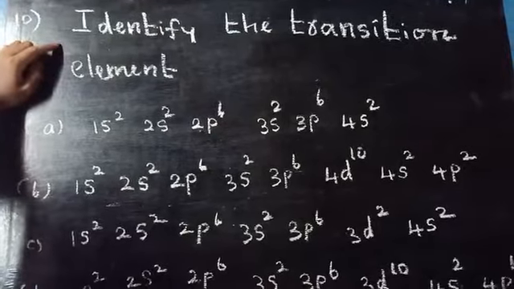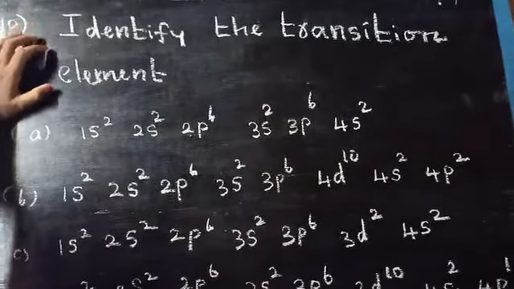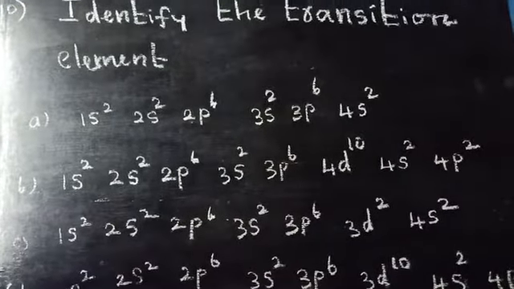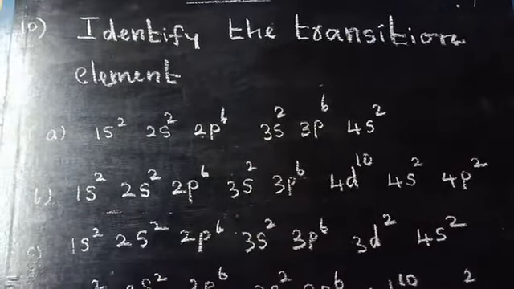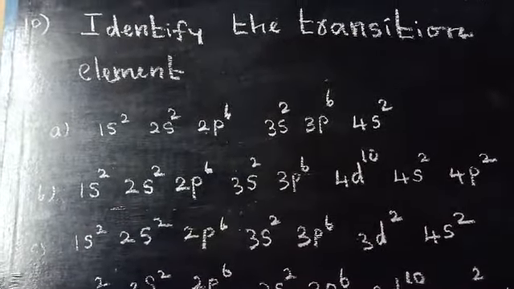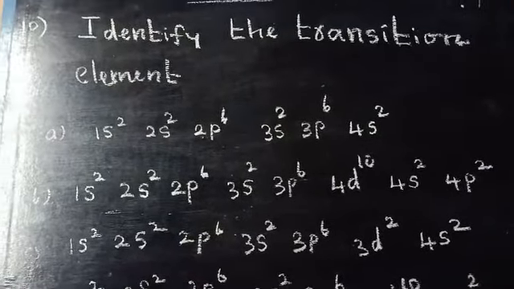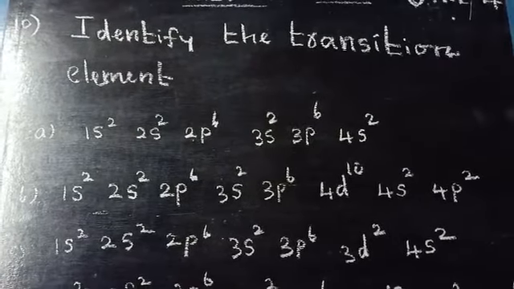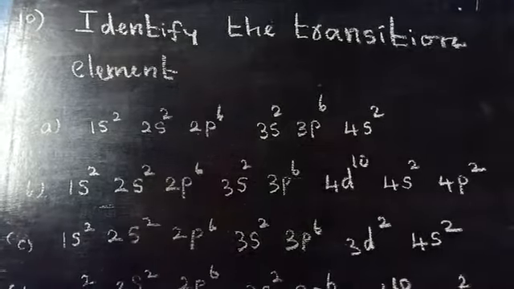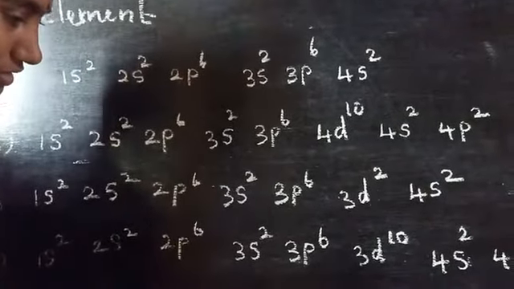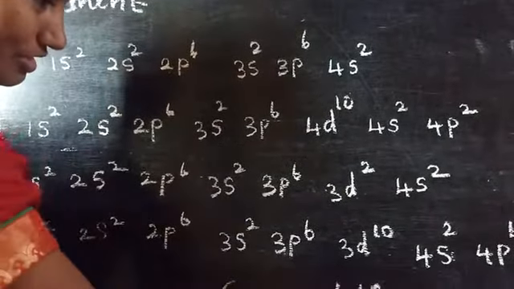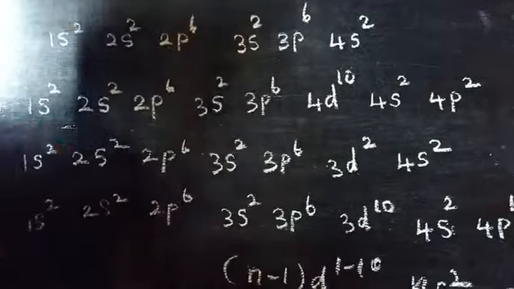Identify the transition element. Here the electronic configuration is given. Don't calculate one by one, children. An easy way is to use the general electronic configuration of the d block. What is it? (n minus 1)d 1 to 10, ns2.